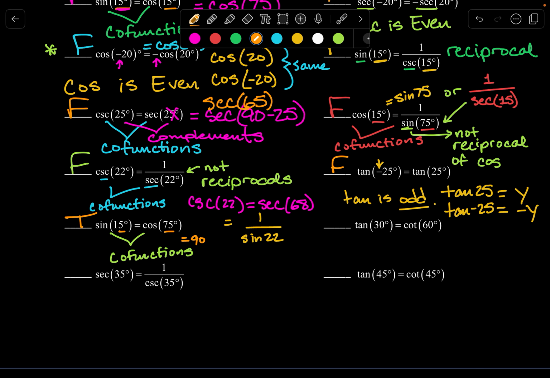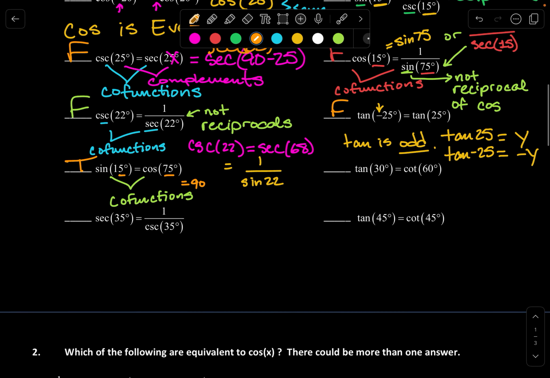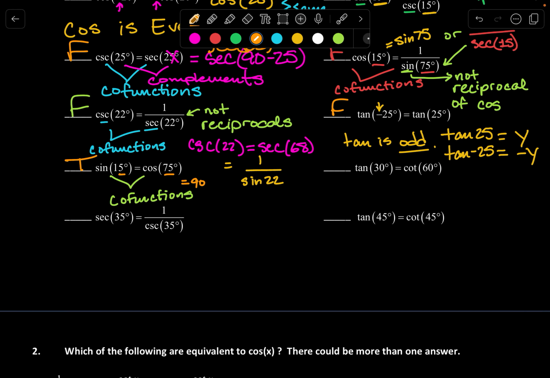If you're unsure about any of the ones we've done so far, you could always type the two things into your calculator and see if they equal each other. On this next one, we've got tan and cotan, which are cofunctions. And we've got 30 and 60, which together add up to 90. So this one's also true.